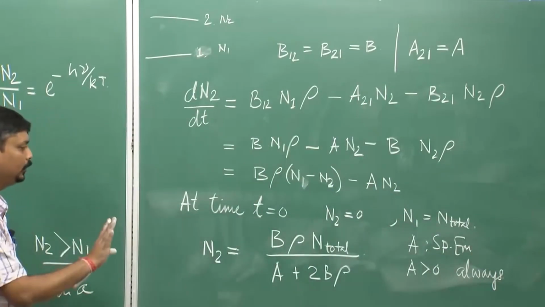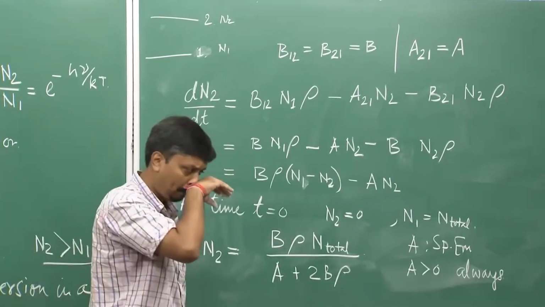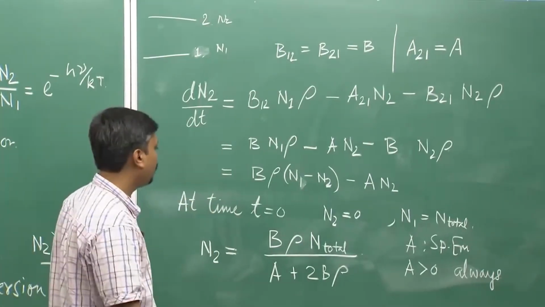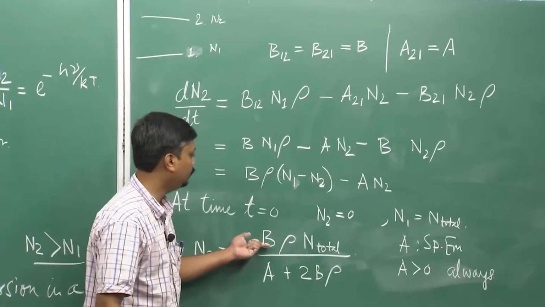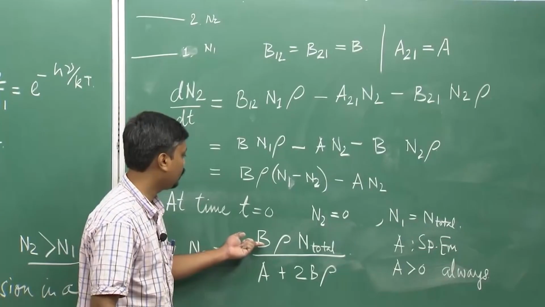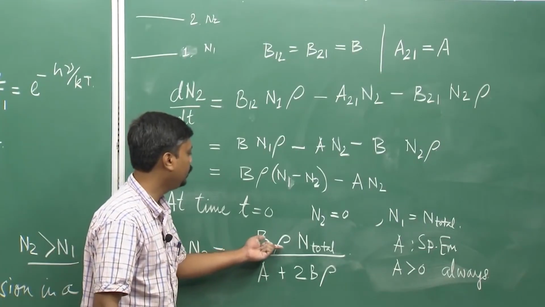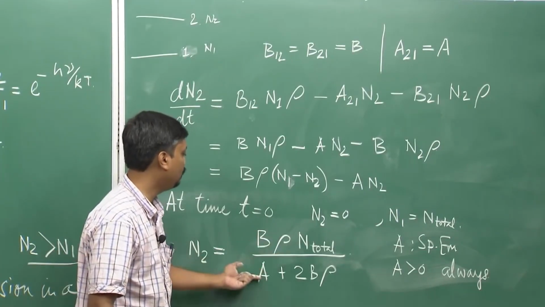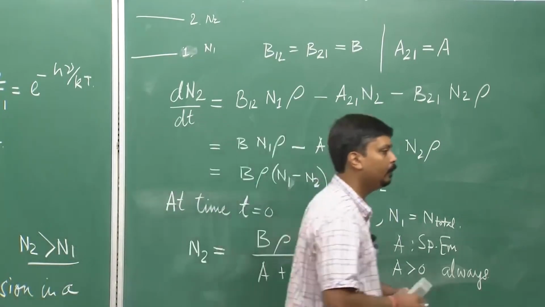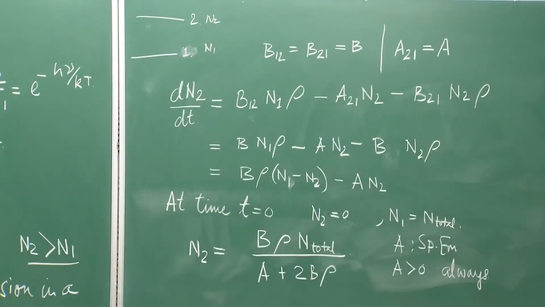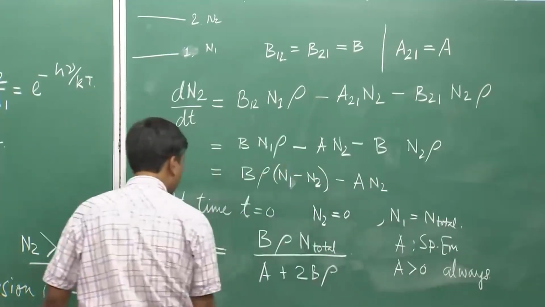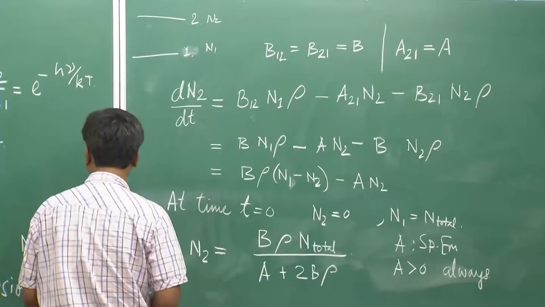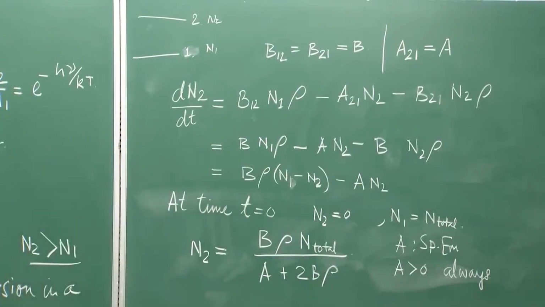This constant, this condition is there. I have here this B rho in total by this one. Let me write it over here.